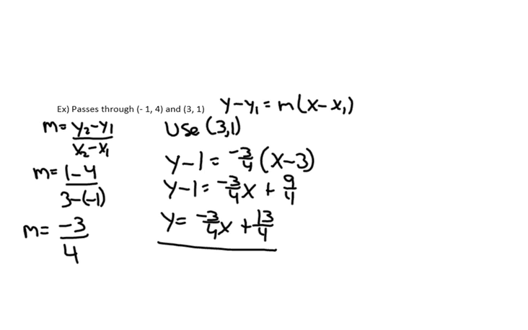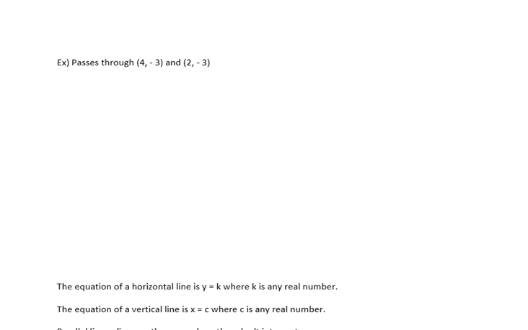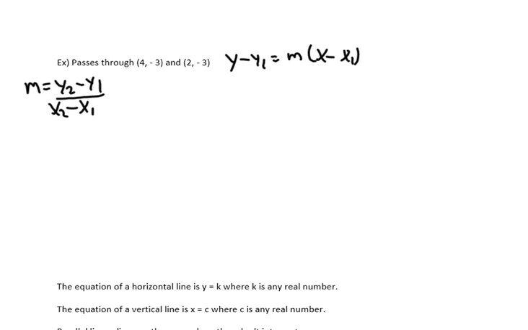Okay, let's take a look at another example then. Let's now say it passes through 4, -3 and 2, -3. Again, y minus y1 equal to m times a quantity x minus x1. But again, I need to calculate the slope first. So again, slope is y2 minus y1 divided by x2 minus x1.